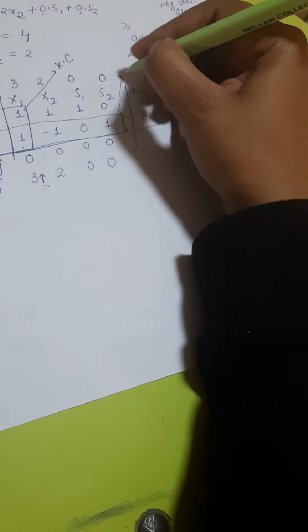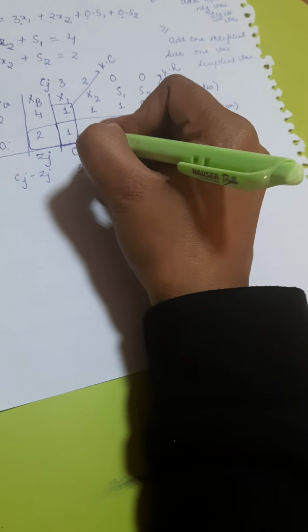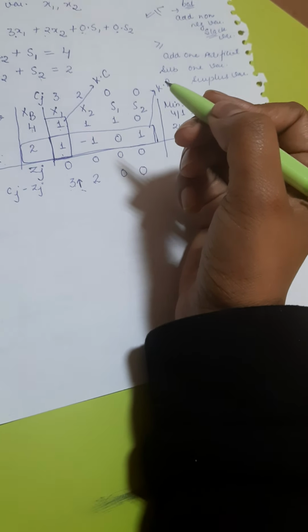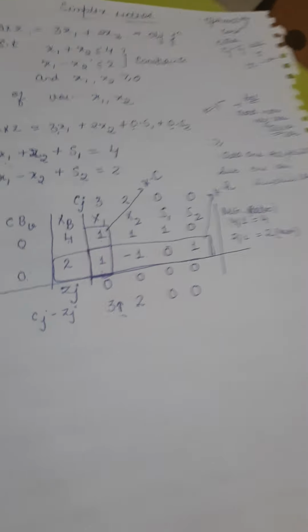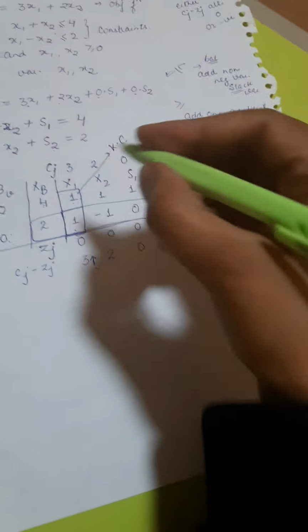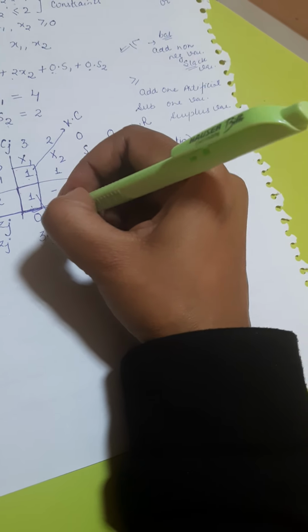Since this is the minimum ratio, mark this row as the key row. Now what is the intersection number between the row and column? So 1 is the intersecting element, which is known as the key element.